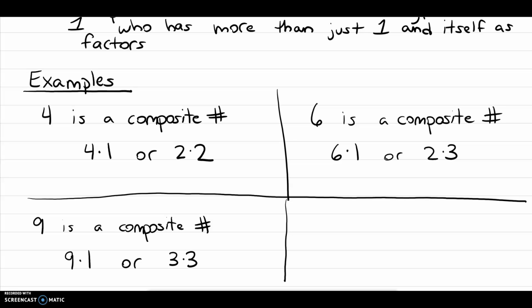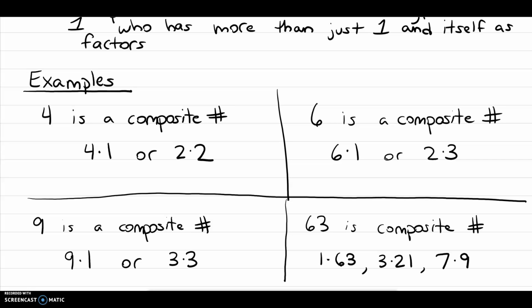Another example of a composite odd number would be 63. 63 is a composite number. So we have 1 times 63 as factors, 3 times 21, 7 times 9.